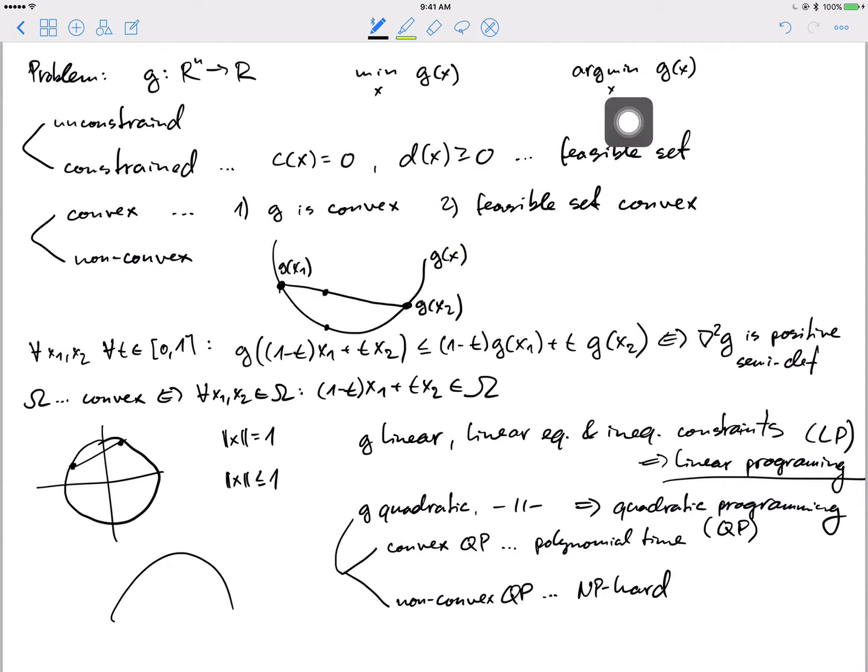And if I'm talking about a global optimum, that just means that there cannot be a point that would be feasible and would have lower value of g. That doesn't mean there is a single point that has this property. That's the case even in convex optimization. Sometimes you can have many points which all would be valid global optima. That's entirely possible, in which case usually the contract is give me one of them, and that's good enough.